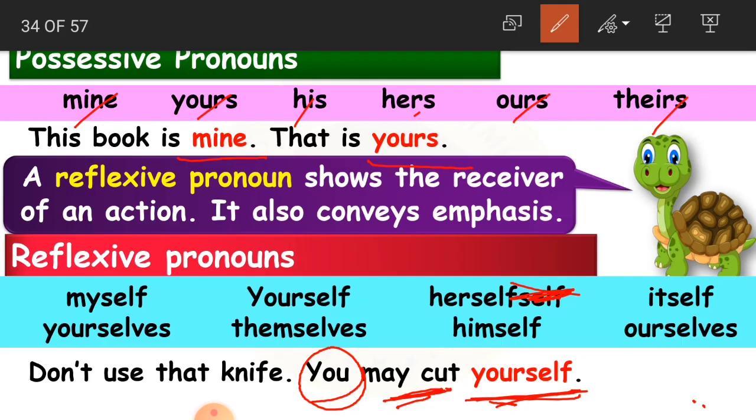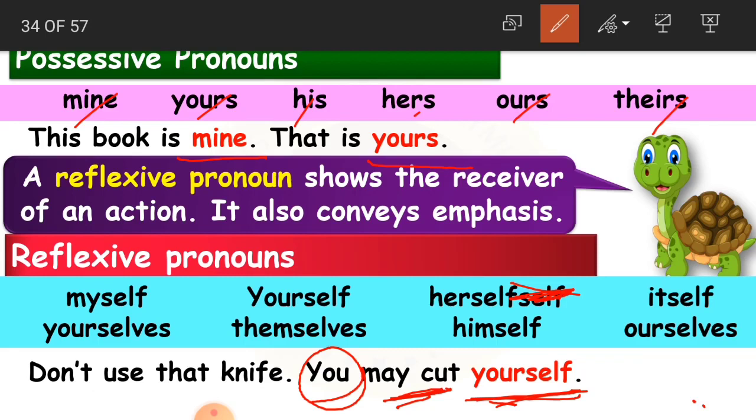She may cut herself. He may cut himself. Whereas you, he and all these are our personal pronouns. It may cut itself. It, you, he, she, me, I, all of these are personal pronouns.